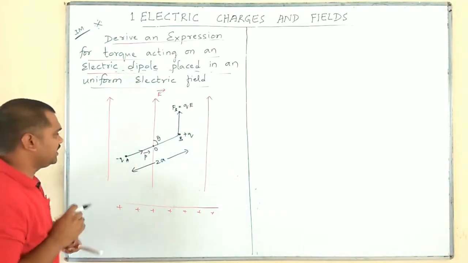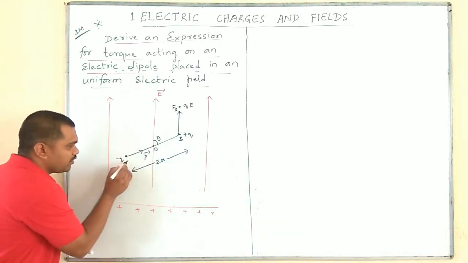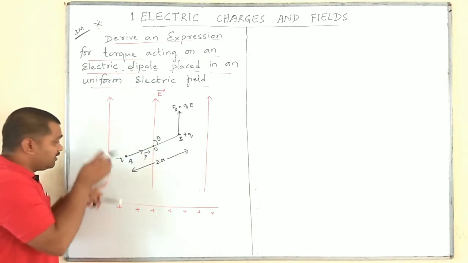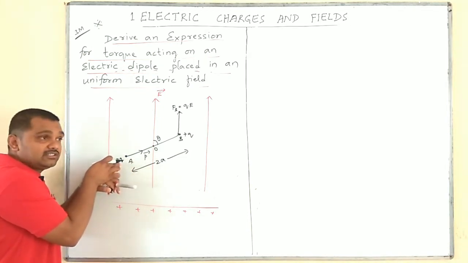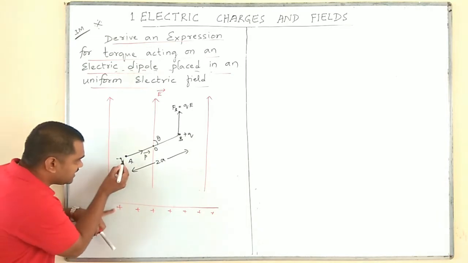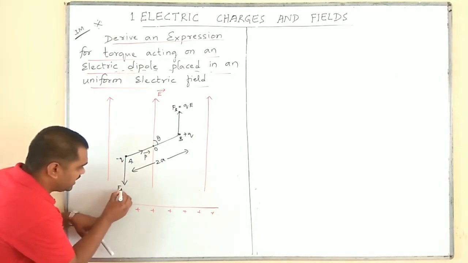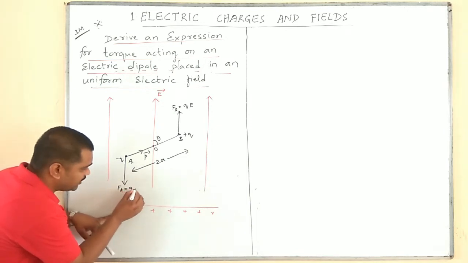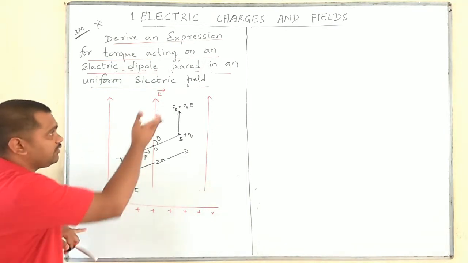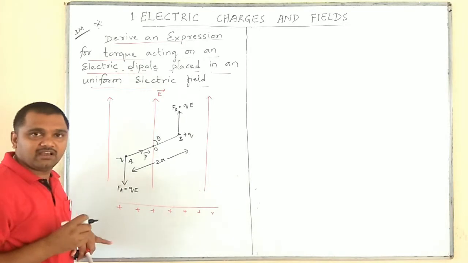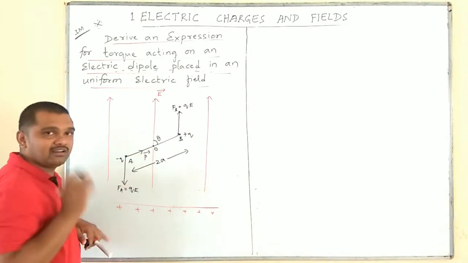Similarly, the force on this negative charge, since it is attracted towards the positive plate, is given by FA equals the same QE. The magnitudes of FB and FA are the same, but the directions are different.